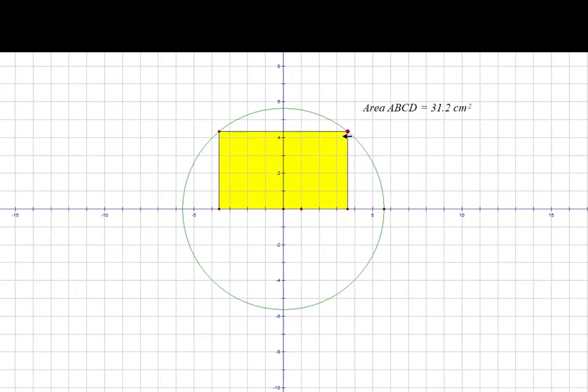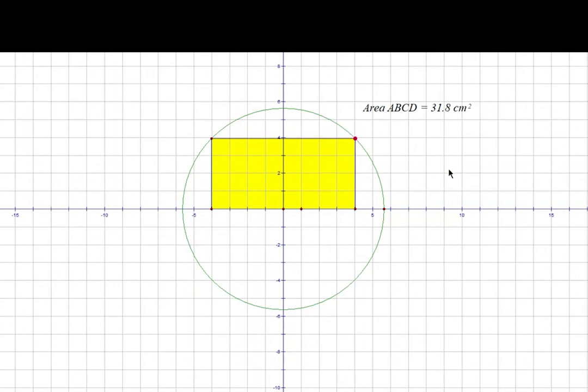So as you can see, the area right here will reach a maximum at some point. This will be 0 at one extreme, that will be 0 at another extreme, but somewhere in the middle, see, it's increasing, increasing, increasing, still increasing, and after that it goes back down. Looks like this is our maximum, isn't it?